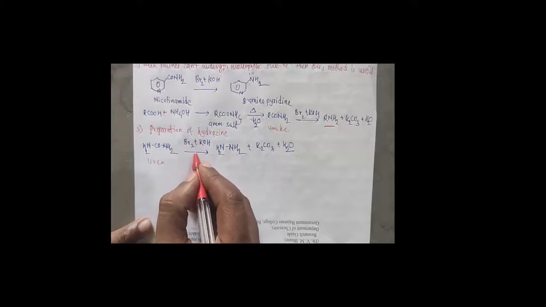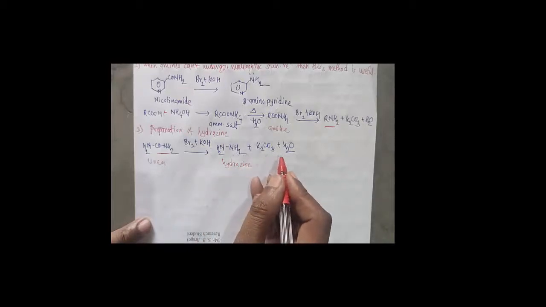The next application is the preparation of hydrazine. When urea undergoes the Hofmann reaction by treating with Br2/KOH, the group gets converted into the primary amine, that means hydrazine, NH2NH2, is formed. This is the simplest method to form hydrazine, with elimination of K2CO3 and H2O.